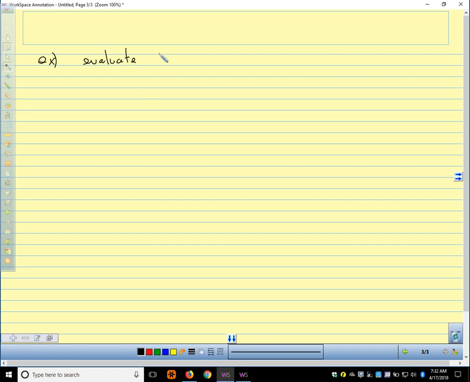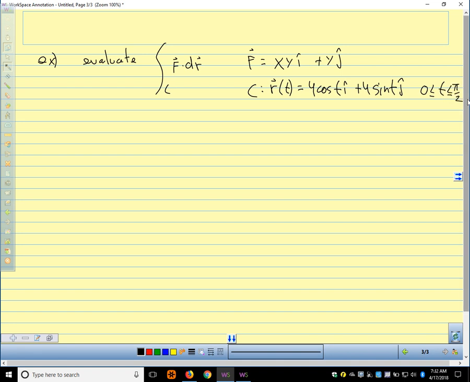So we're just going to evaluate the line integral over our curve of f dot dr, where f is xy i hat plus y j hat, and our curve is given by, this one's already parameterized for us, 2 cosine t i hat plus 4 sine t j hat, for 0 less than or equal to t less than or equal to pi over 2.